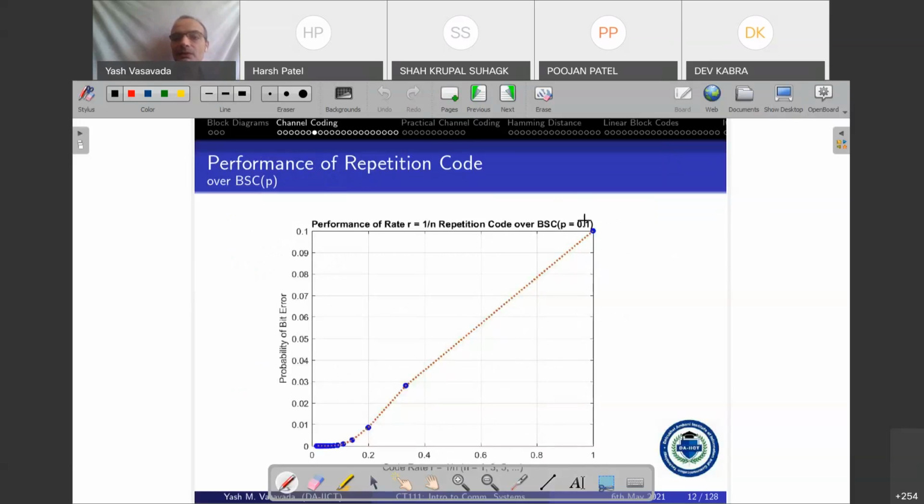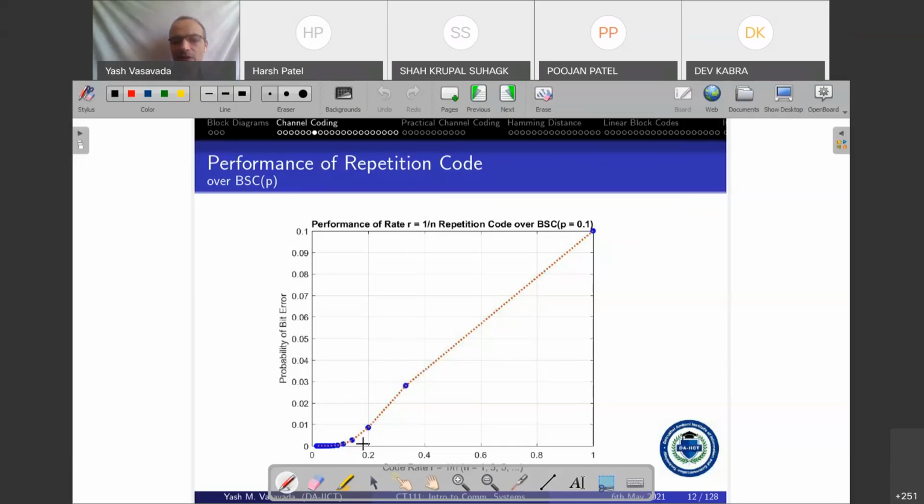Right, so p is equal to 10%. If I don't do any coding, n is equal to 1, then obviously I'll have to live with 10% errors. If I do repeat by 3 coding, my rate became 1/3, but I got an error rate which is only 3% now.